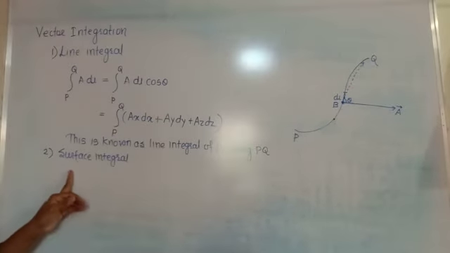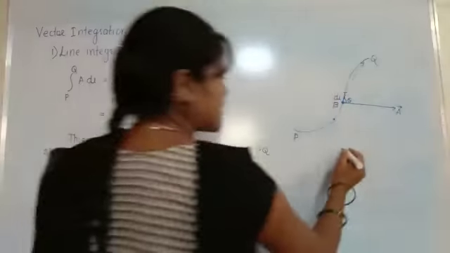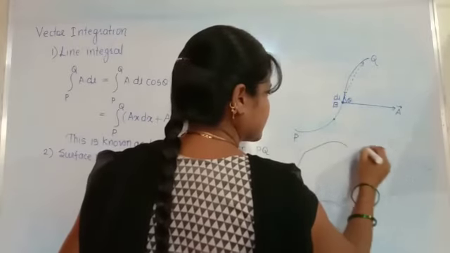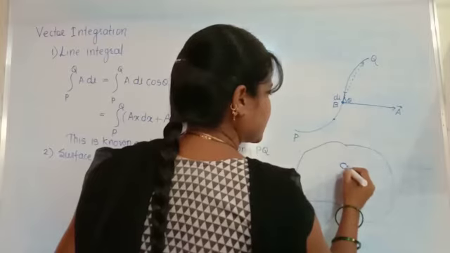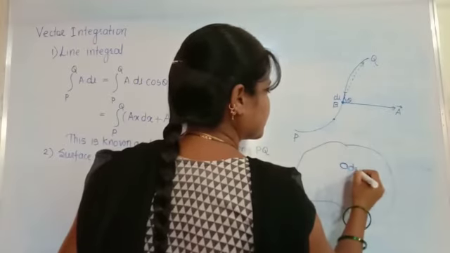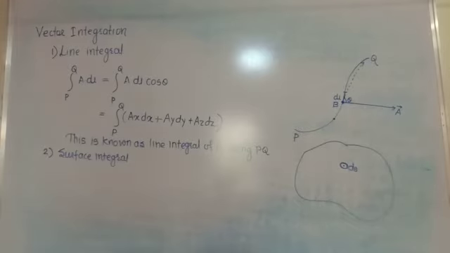Then second is the surface integral. For that we take a closed surface, and from it we take a small surface of area ds.